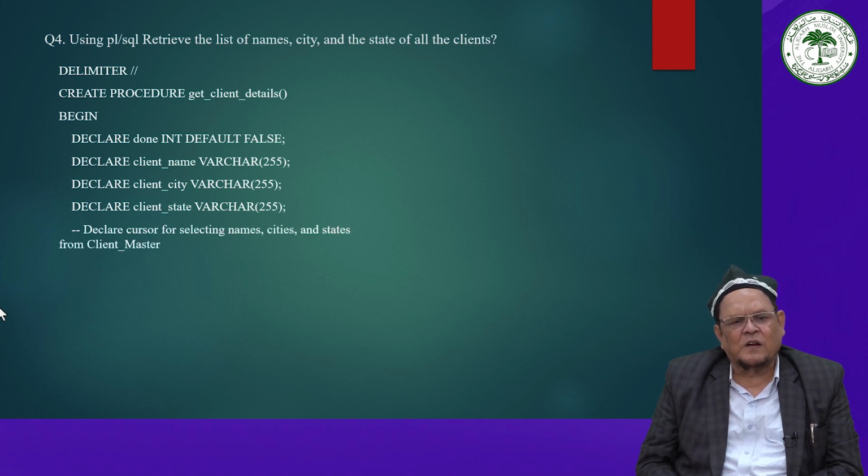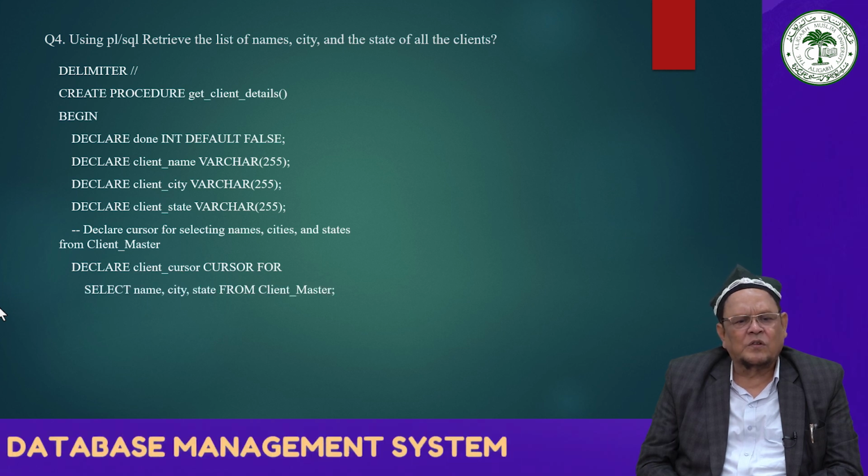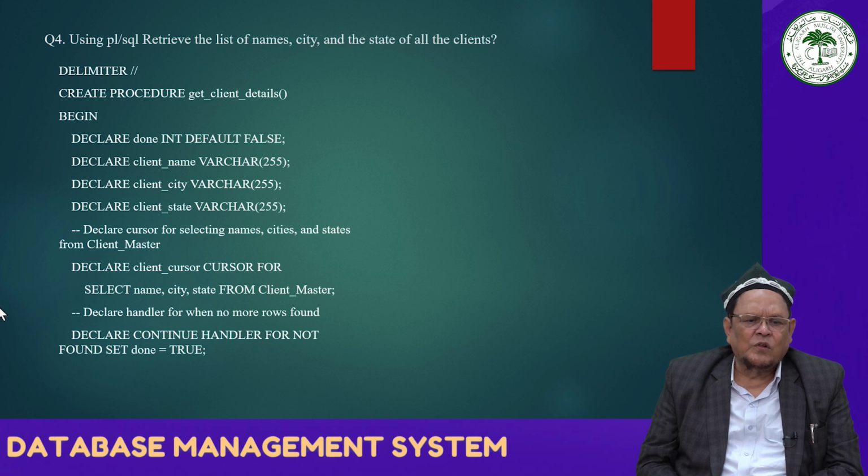Then you have to declare the cursor for selecting name, city and state from client master. Here also you have to declare client_cursor for select name, city from client_master. Then declare the handler for when no more rows are found. What will you do?